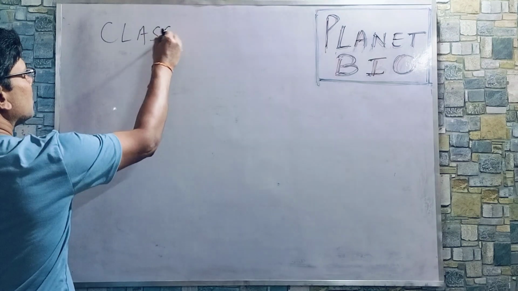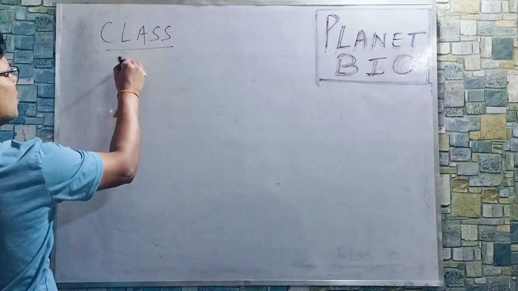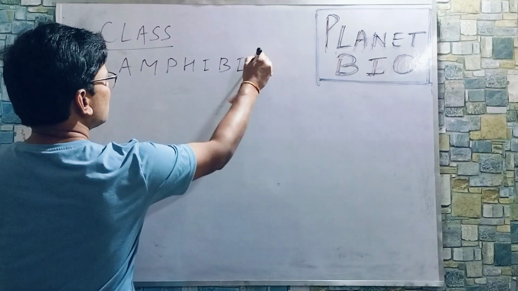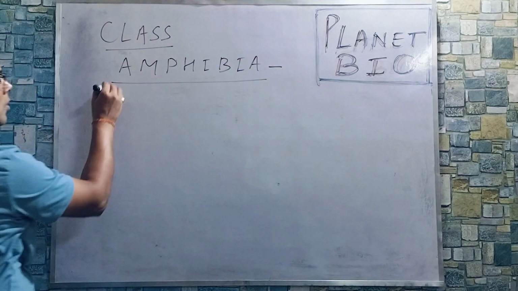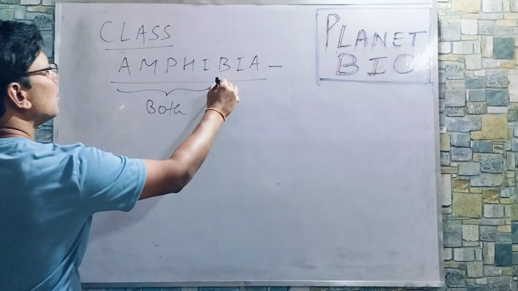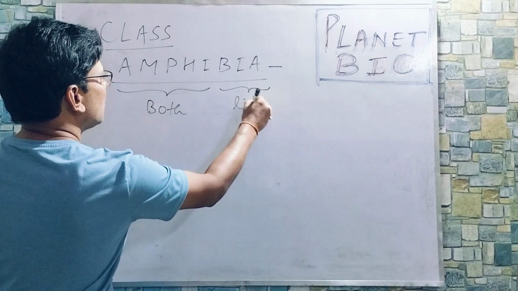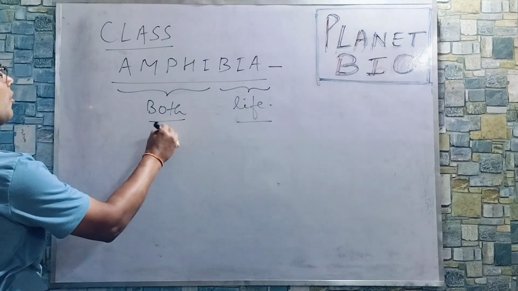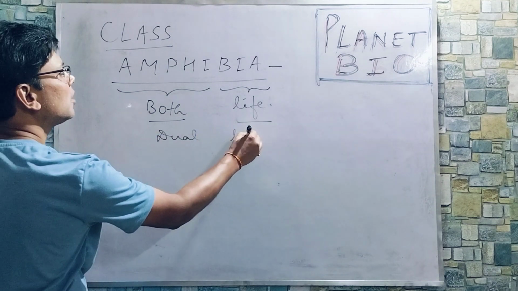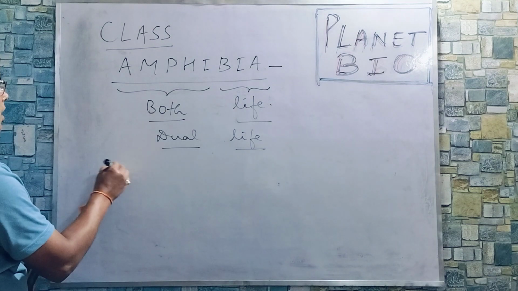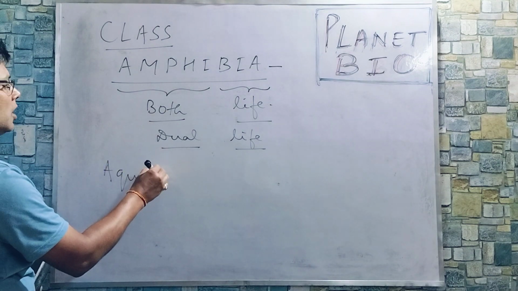Class Amphibia. Amphi means both, and bios means life. Both life, or you can say dual life. Dual life means aquatic as well as terrestrial life.